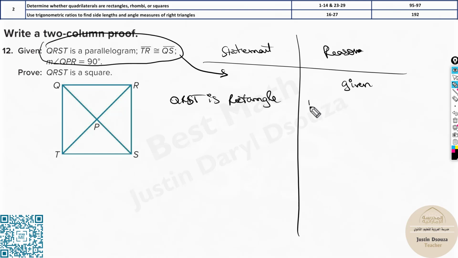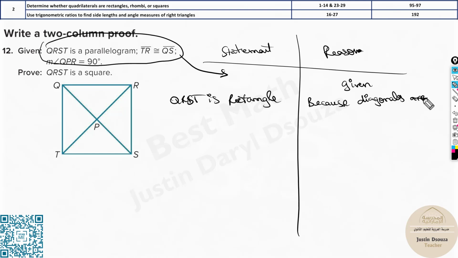Rectangle, because you don't need to write because, okay, but I just wrote it anyway. If the diagonals of a parallelogram are congruent, now this is already told it's a parallelogram.